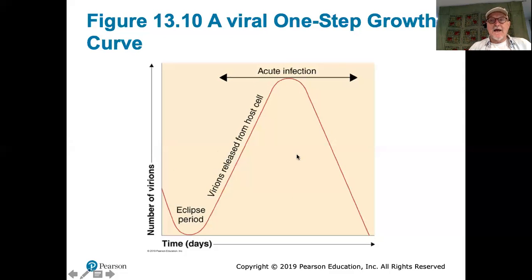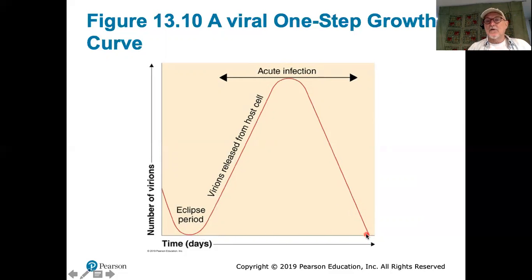And in this time, hopefully, the host immune system is responding. The host immune system will respond until such time as it begins to eliminate the virus, and then the number of viral particles in circulation will drop. So we see this burst and then a sudden decrease.